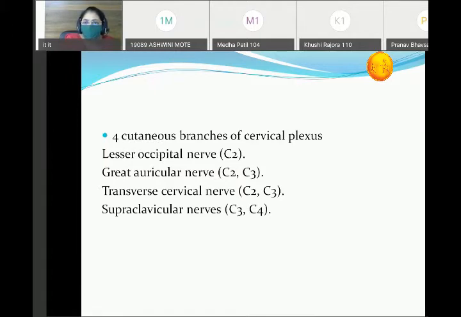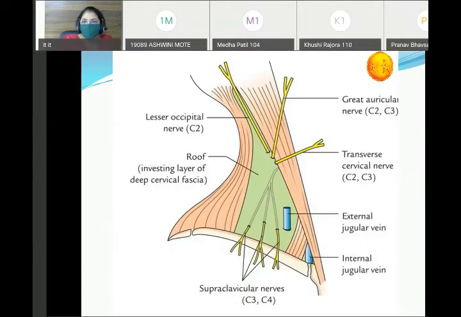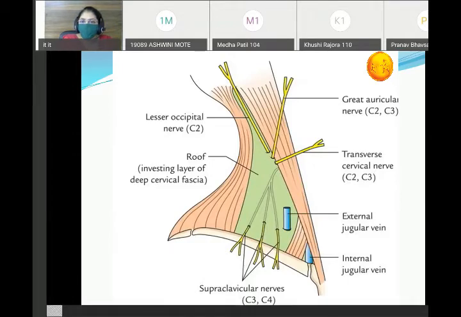These are the branches of the cervical plexus. In this figure, you can see branches of the cervical plexus. They are mainly related to the upper part of the posterior border of the sternocleidomastoid muscle, where you can see the transverse cervical nerve, greater auricular nerve, lesser occipital nerve, and supraclavicular nerve.